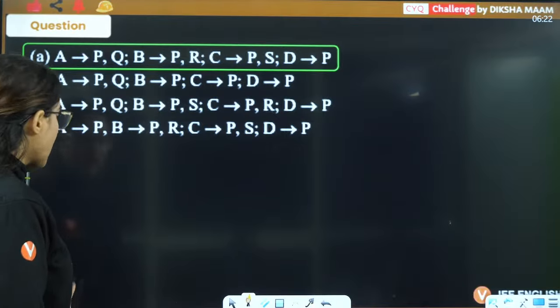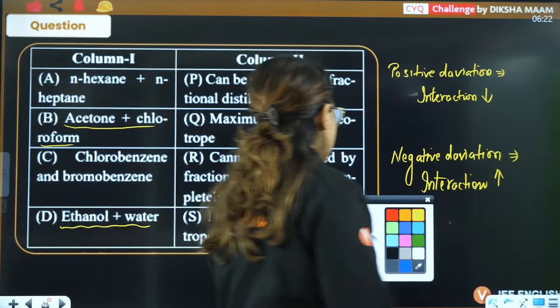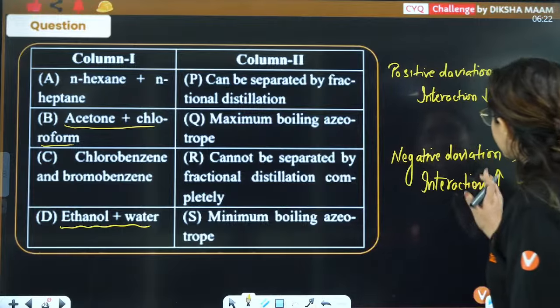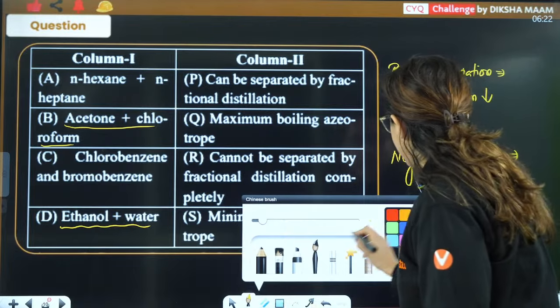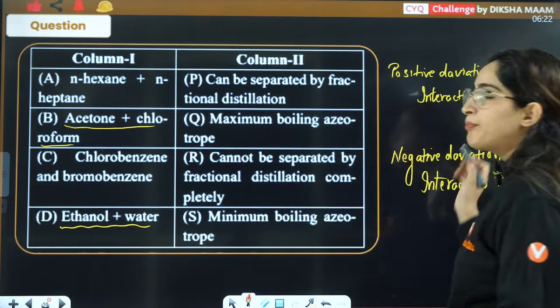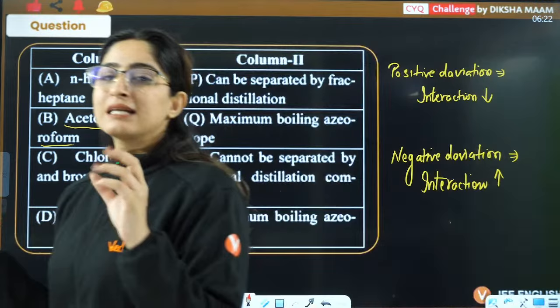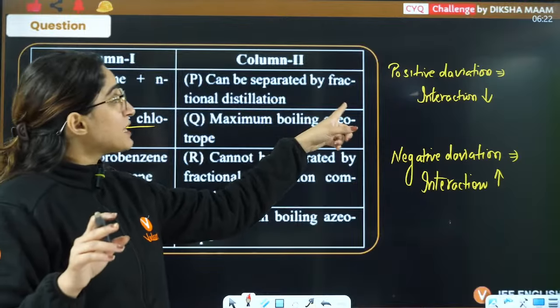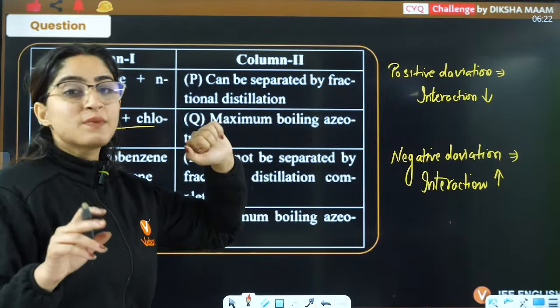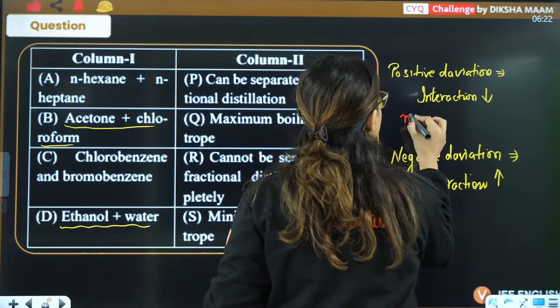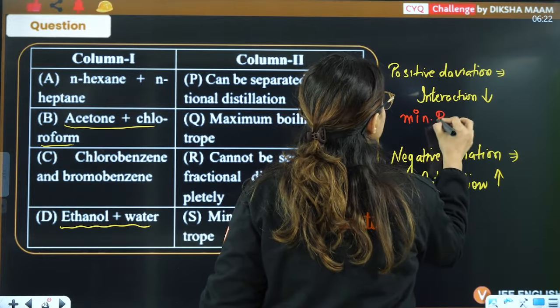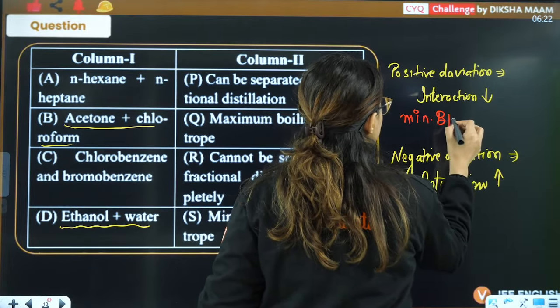Okay, now see one thing here. This is negative deviation, it is increasing. And one more thing, in positive deviation, vapor pressure is increasing. That means the boiling point will decrease, so it will be a minimum boiling azeotrope.